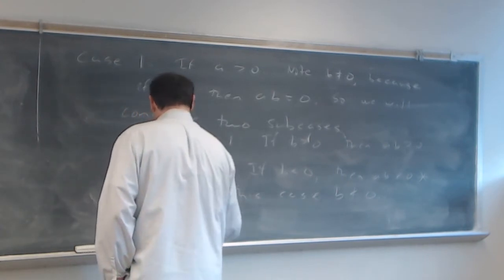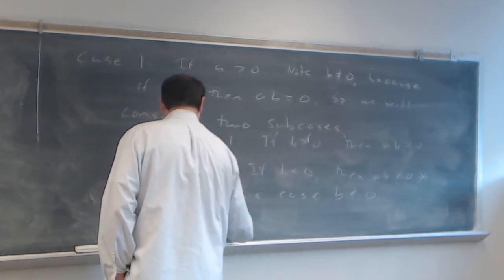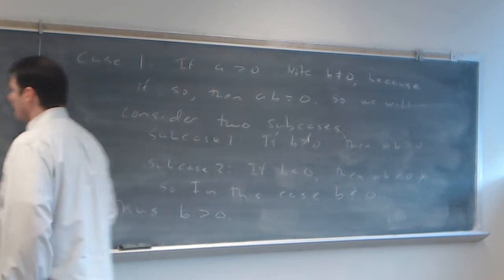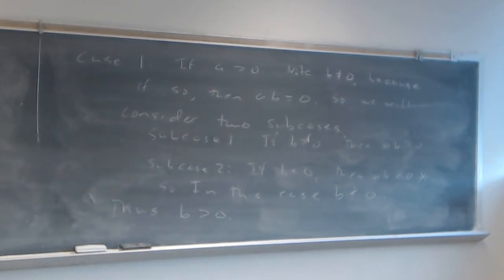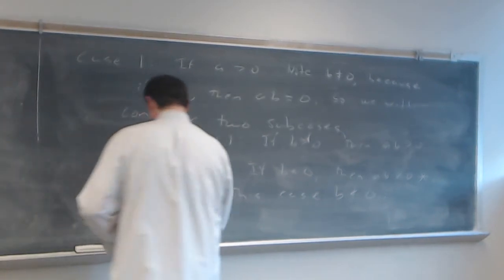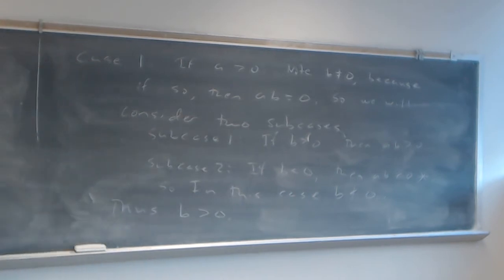Thus, we know b has to be greater than 0. So a has to be greater than 0, and b has to be greater than 0, in this case.